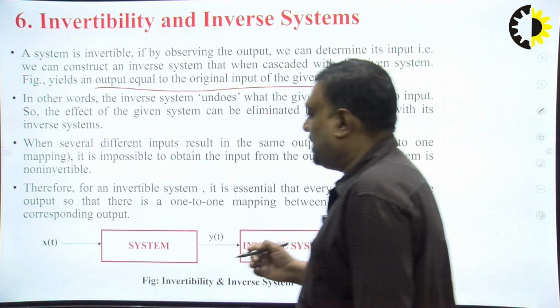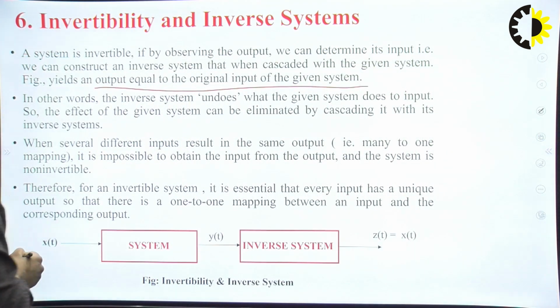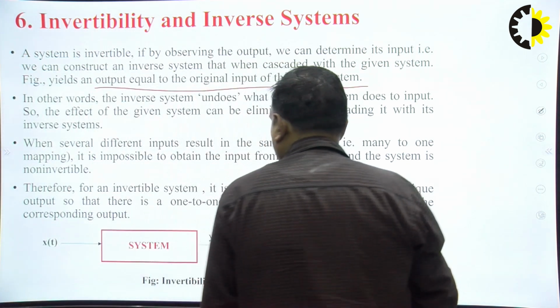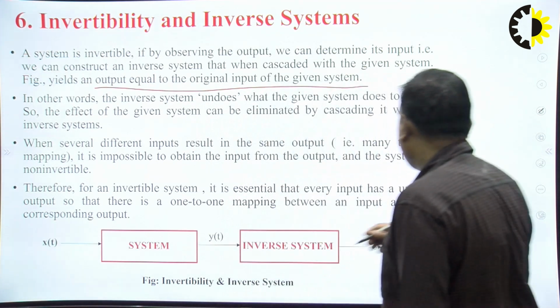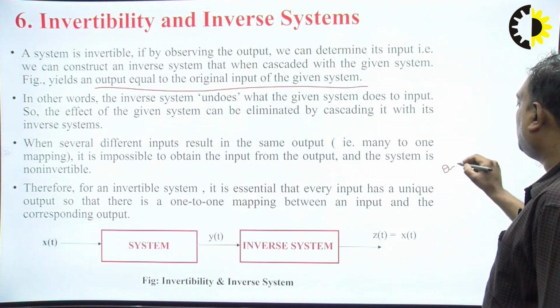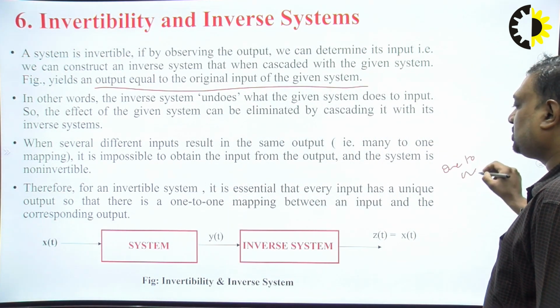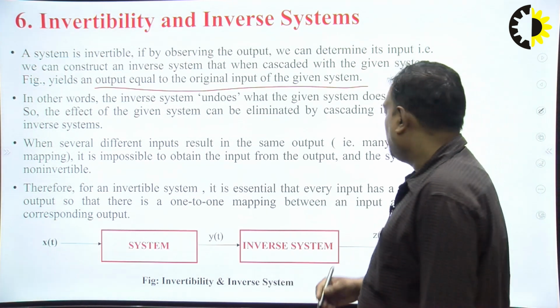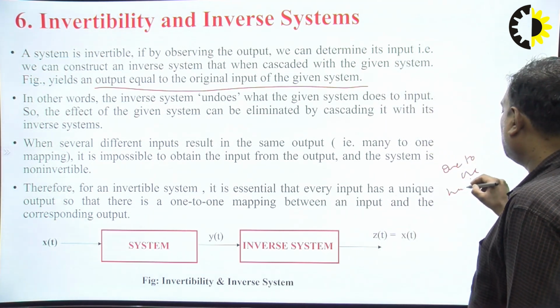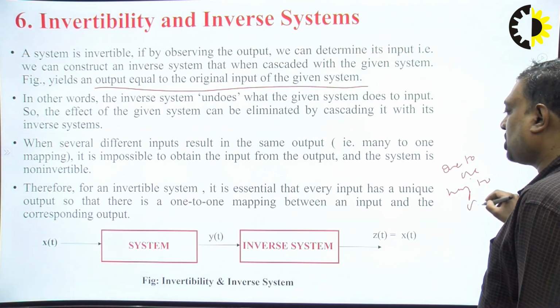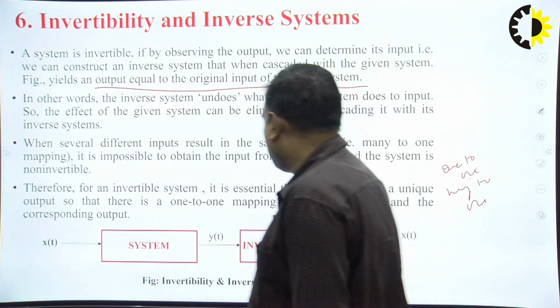When the mapping between x(t) and y(t) is one to one only, then the inverse system exists. If the mapping is many to one, then it is not possible to get the inverse system.